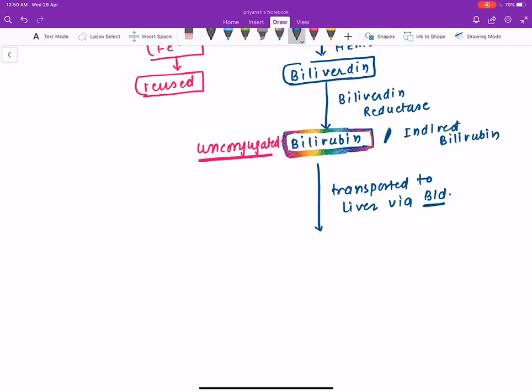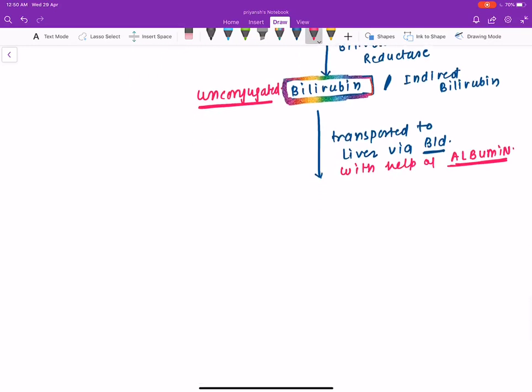If they ask the name of the transporter, it is transported via blood with the help of albumin. Albumin is a protein found in blood, and that will help in the transport of bilirubin. Bilirubin and albumin will make a complex and will be transported.